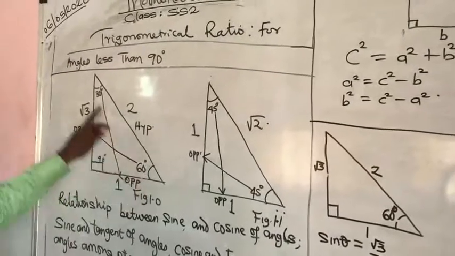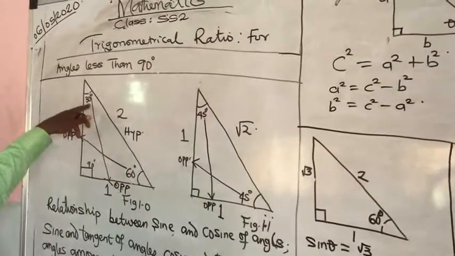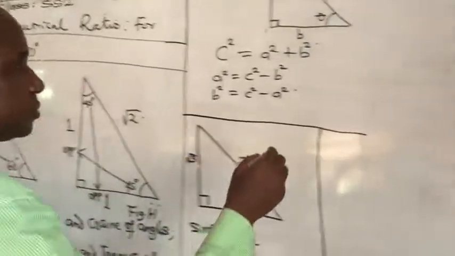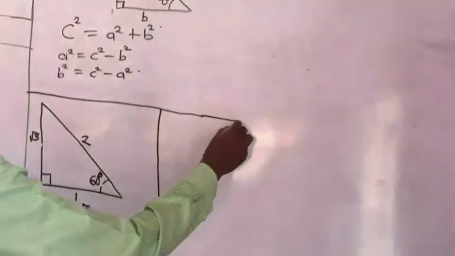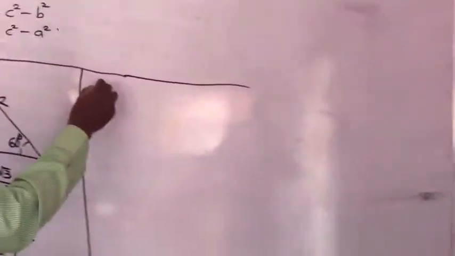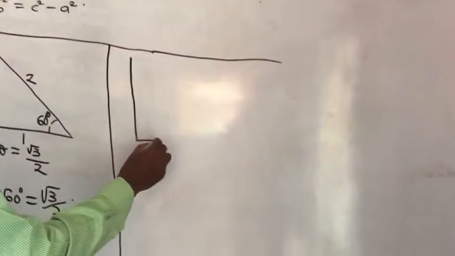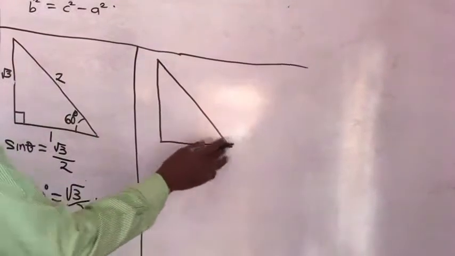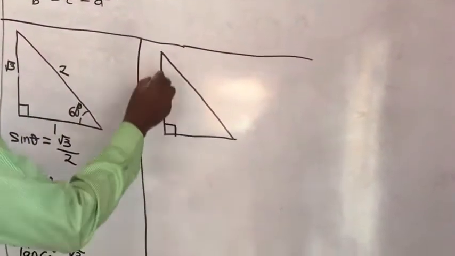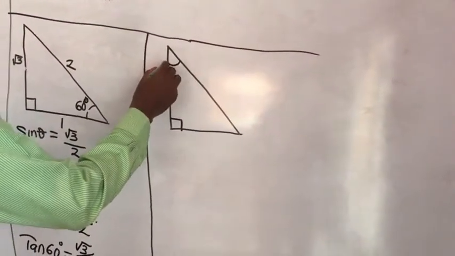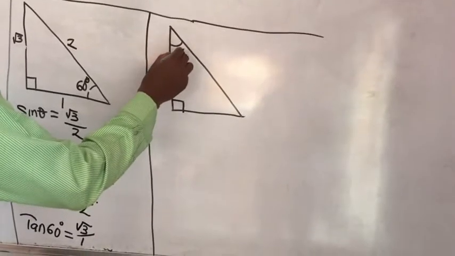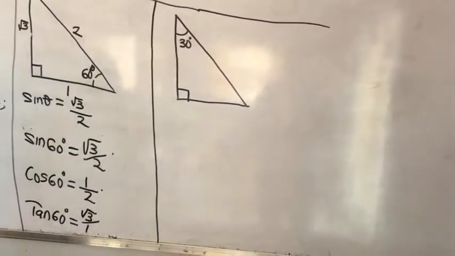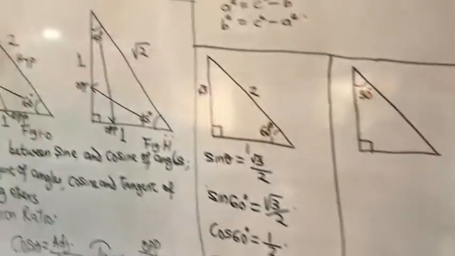Let's go and check angle 30. We are through with angle 60. Let's check angle 30 by redrawing the diagram now. I want to redraw the diagram. You can see now that in this case, I brought in the 30.